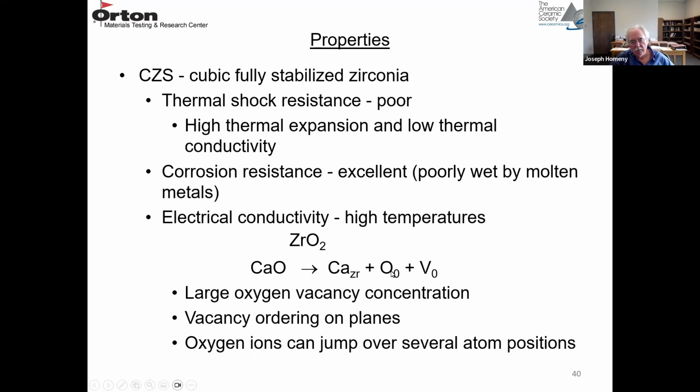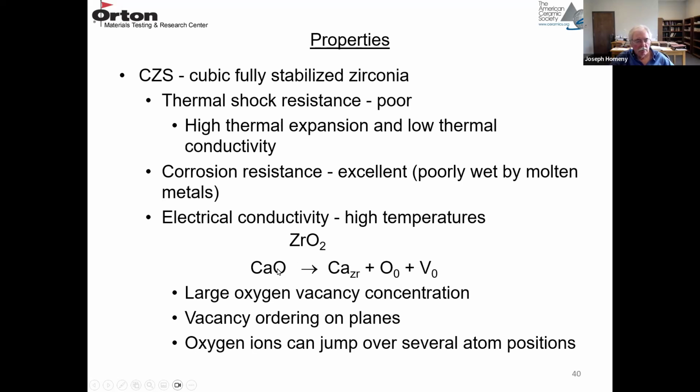So you have an oxygen on an oxygen site, but there's only 1 oxygen here, there's 2 here. So you're going to create a vacant oxygen site. So every time you add CaO, 1 Ca, 1 O, to ZrO2, the Ca goes on a Zr site, the oxygen goes on an oxygen site, and you create 1 vacancy.